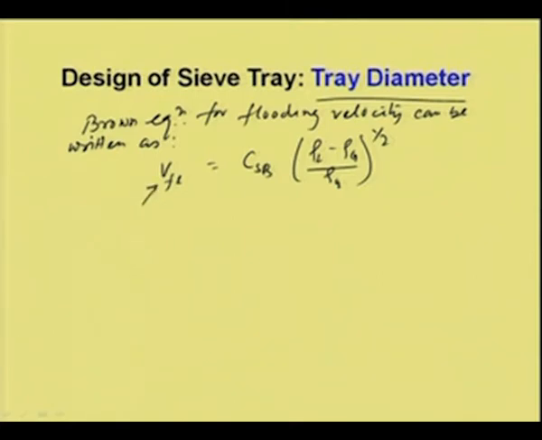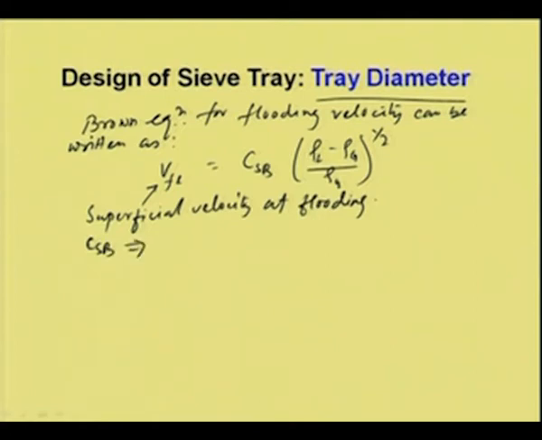This is the superficial velocity at flooding. C_SB, this is the Souders-Brown flooding constant.